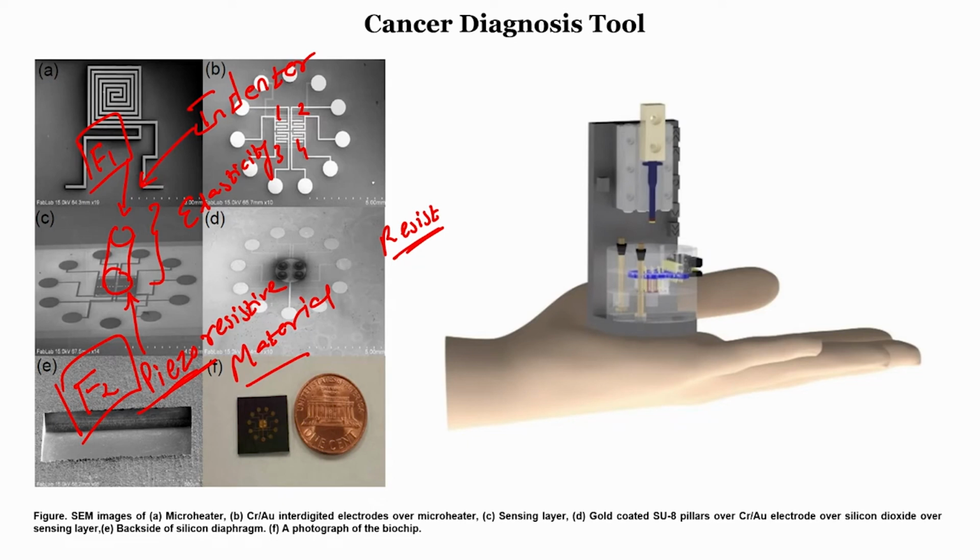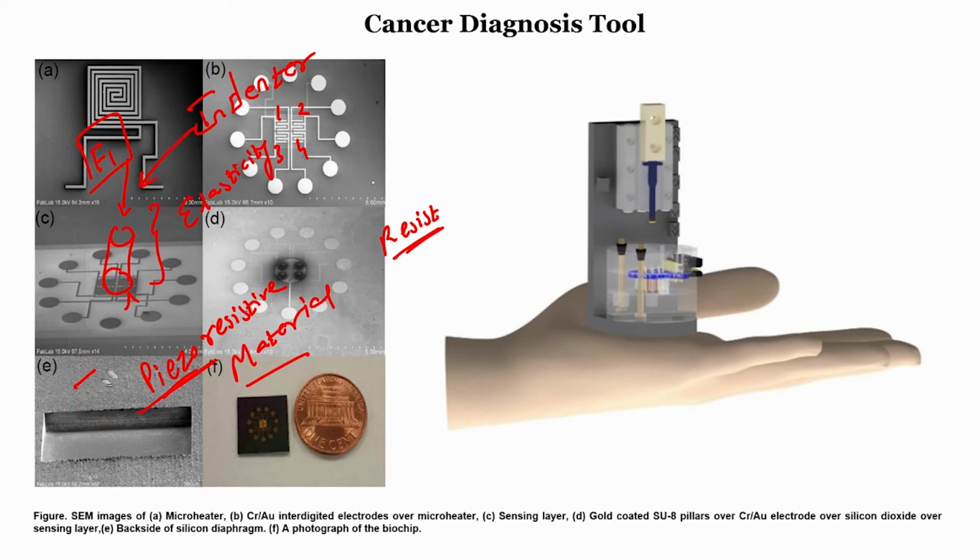All right. So, now what will happen? From this we can measure the elasticity of the tissue. This is a very interesting biochip. I'll teach you in detail. Right now just understand quickly.